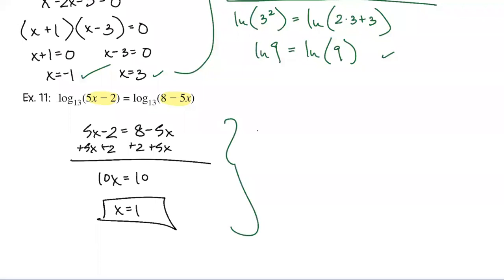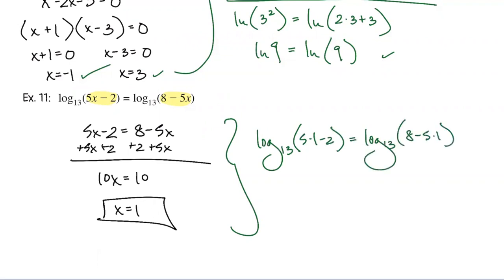So we get log base 13 of 5 times 1 minus 2 equals log base 13 of 8 minus 5 times 1. All right, I get log base 13 of 3.